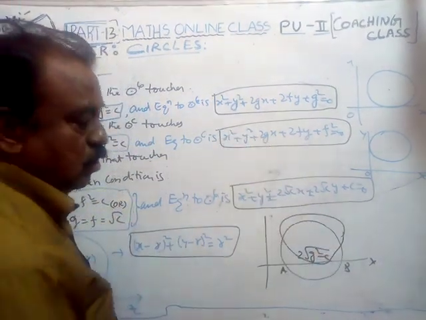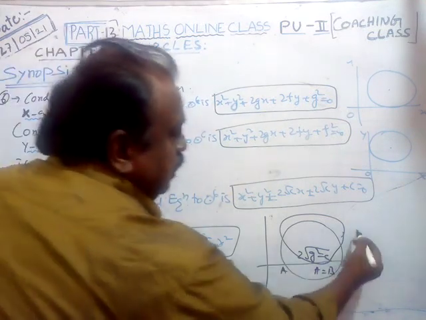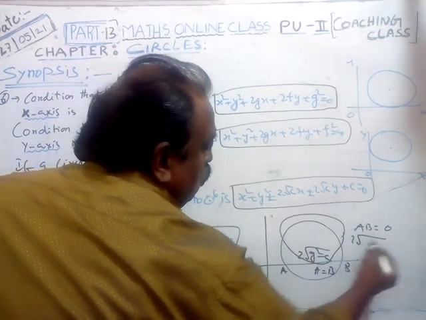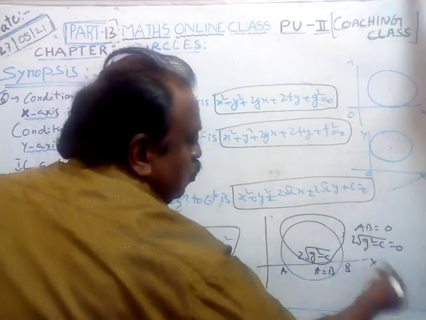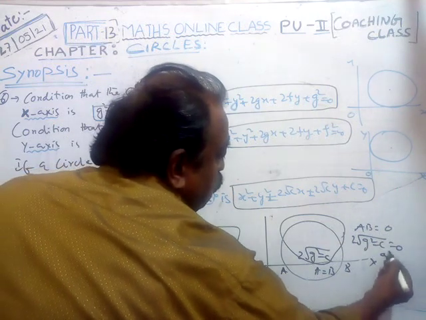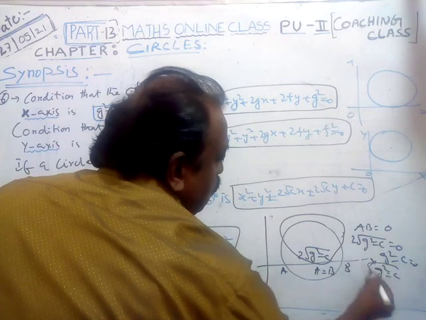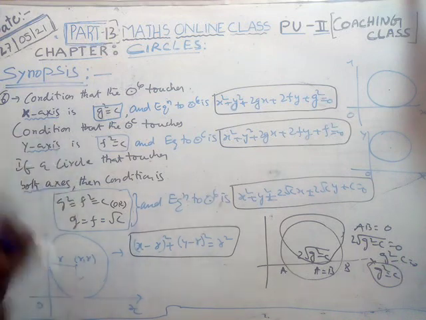So here A is equal to B, then the length AB is equal to 0. That means 2 root g square minus c is equal to 0. 2 goes to that side, square root, so g square minus c is equal to 0. So g square is equal to c. Like that we can get the condition g square is equal to c.